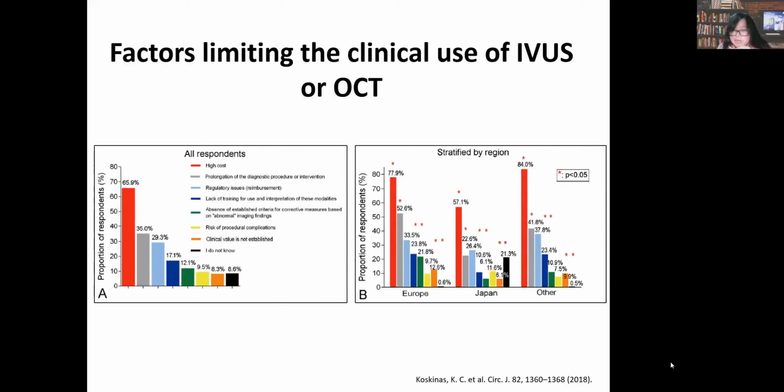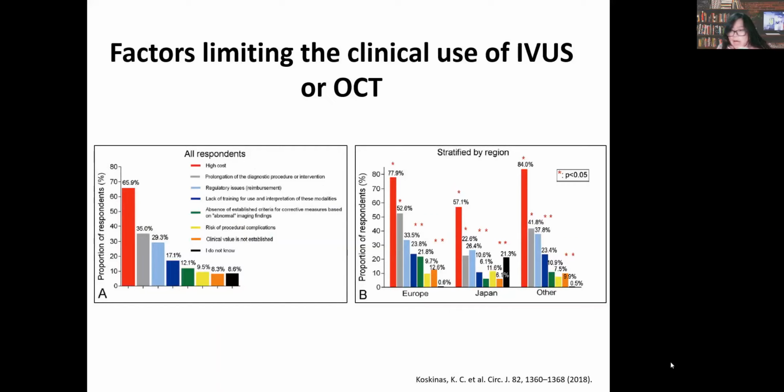However, there are still several problems, especially in underdeveloped countries. Evidence from a survey in various countries showed that several elements causing the low utilization of intravascular imaging modalities were recognized.